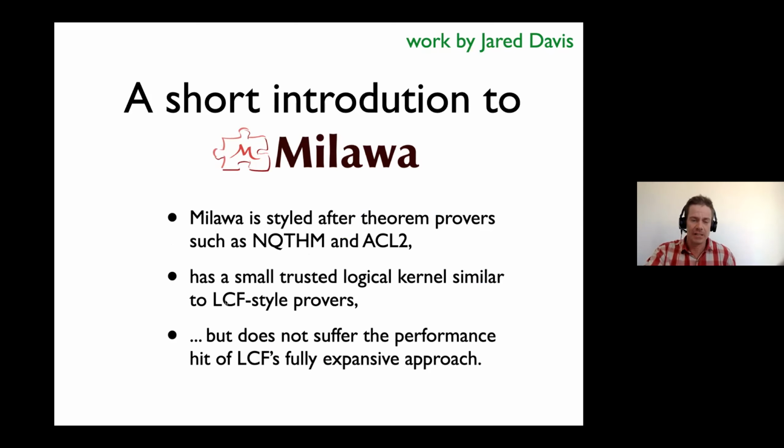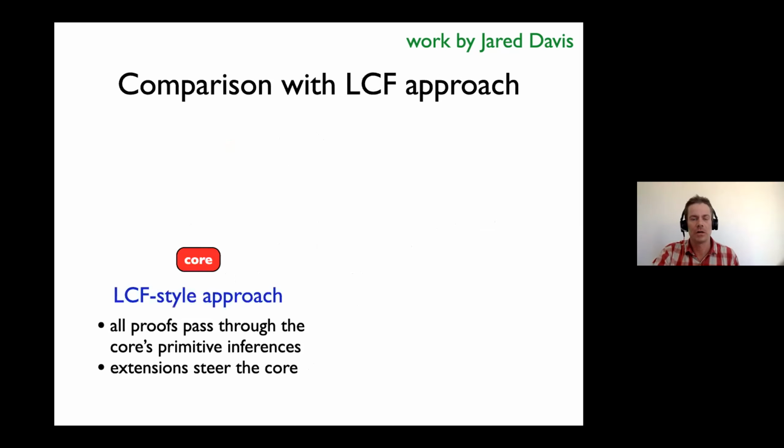LCF-style provers are provers like Isabelle, HOL4, and to some extent Coq. All LCF-style provers tend to suffer from a performance degradation due to the very conservative architecture of these provers. So I'll explain the architecture.